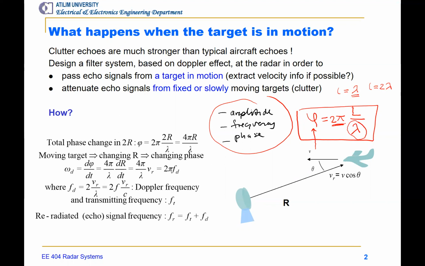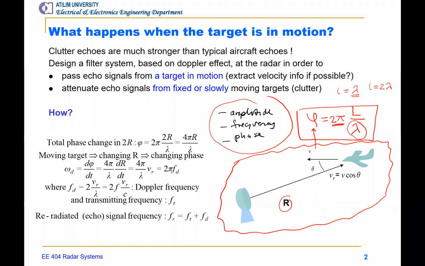Now, let's think about the radar system shown in here. We have a distance of r from the radar to the target, and the target now is in motion.